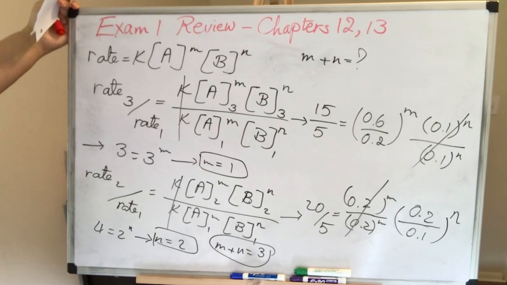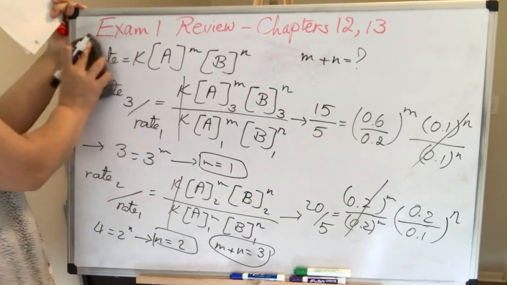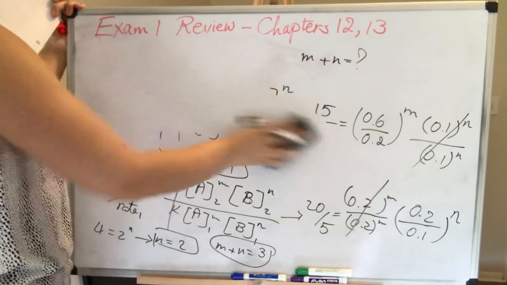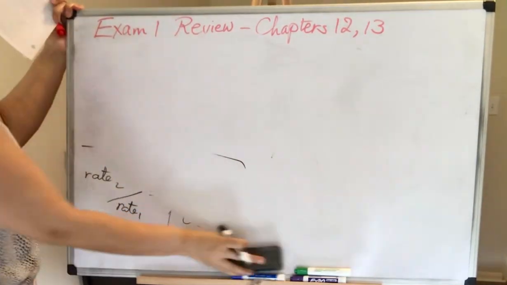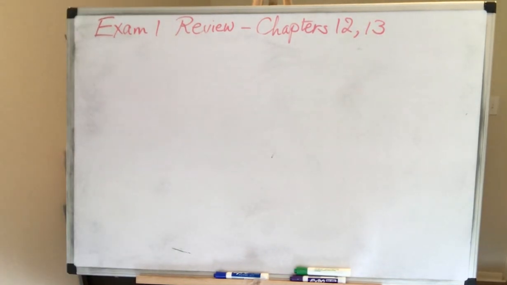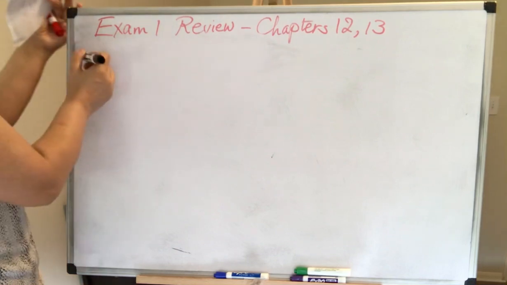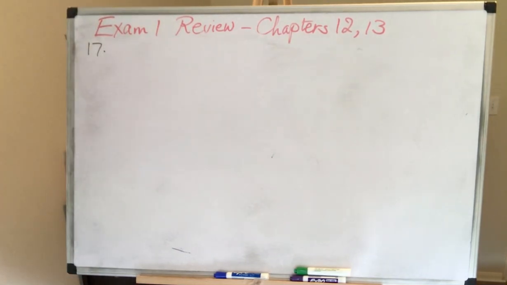All right, another initial rate method, a little bit different. That's when you have more than 2 reactants. So it's not harder, it's just longer. So for 17, the question is giving you the data table.